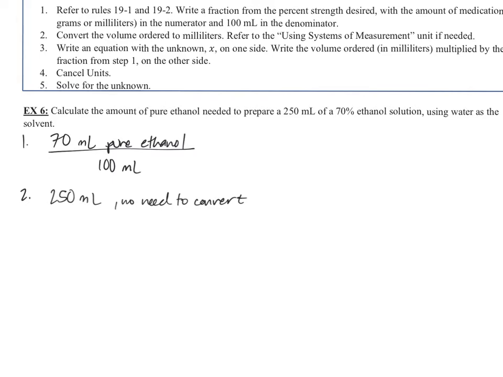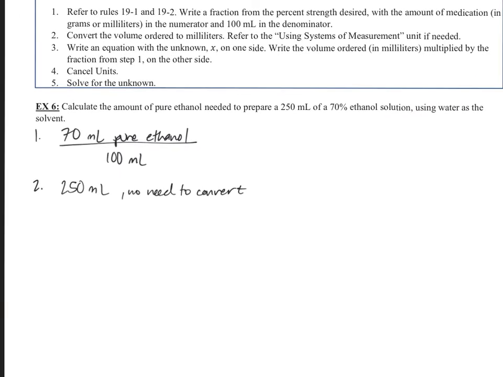Third step. Okay, we'll write the equation down with x on one side, equal to the volume that we have ordered, which is 250 milliliters, times our fraction from step 1. So the 70 milliliters pure ethanol divided by the 100 milliliters.